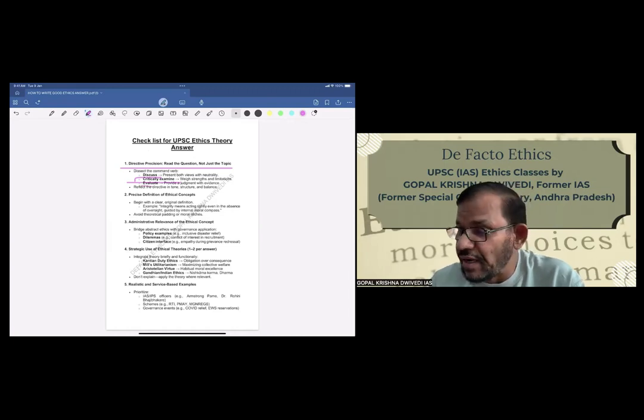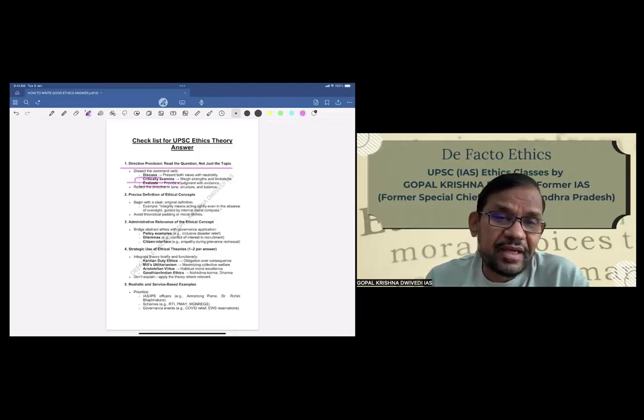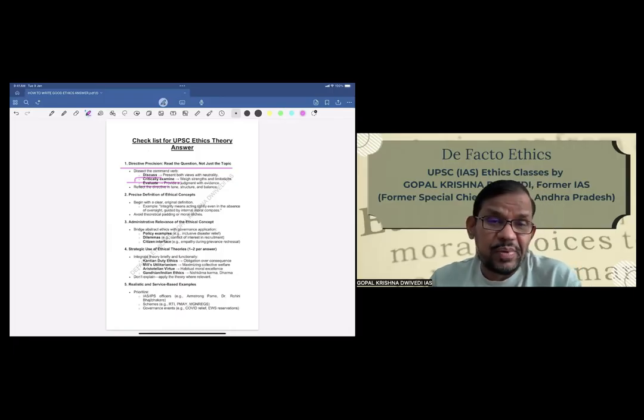If it is evaluate, then provide a judgment with evidence. So you have to read the question very clearly, whether it is a theoretical question or a case study, it is equally applicable, and then write what is asked. Don't write what you know, because that is the usual tendency of students.